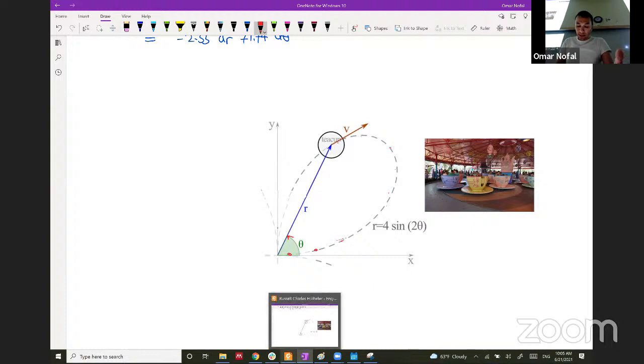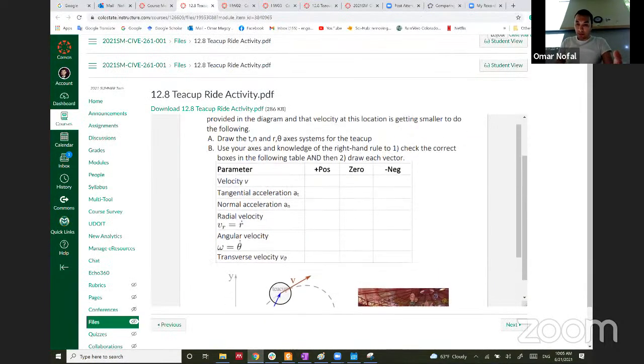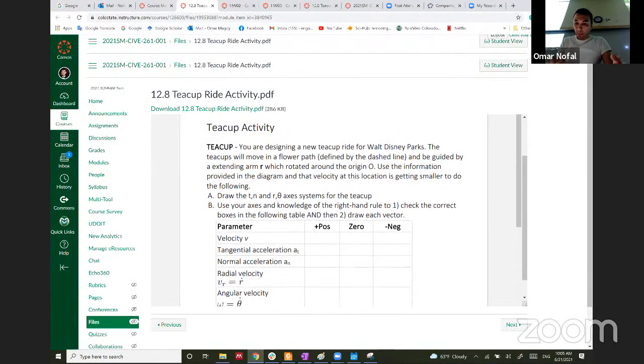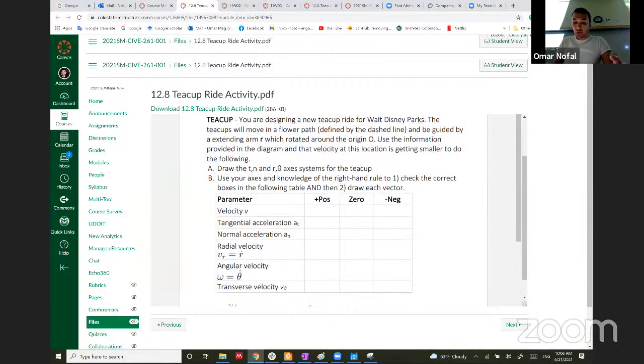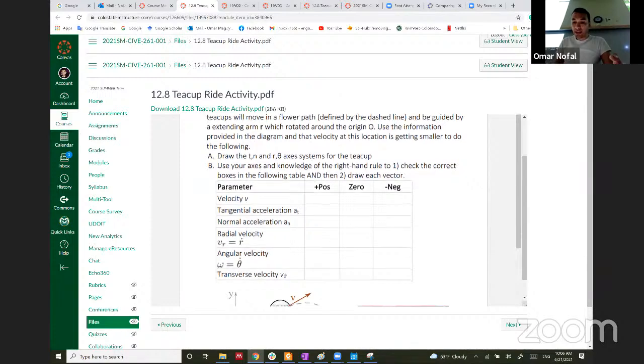Based on the givens in this problem, this teacup will move in a flower path and be guided by an extending arm r, which rotates around origin O. Use the information provided in the diagram, and the velocity at this location is getting smaller.